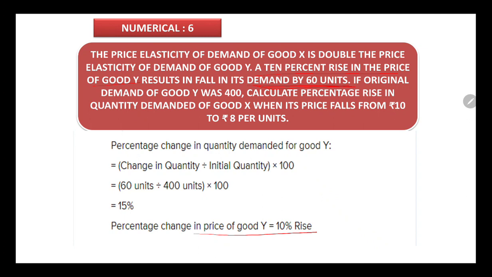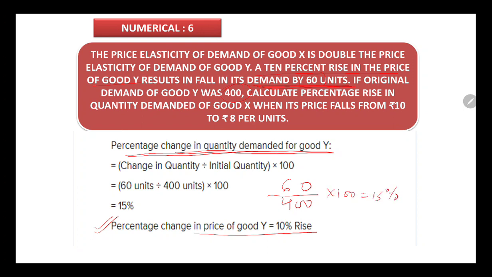We basically have to calculate the percentage change in the quantity demanded for Y, and for that values are given to us. Over here it's 60 units, and it is saying that the original demand for good Y was 400, so demand falls by 60 units divided by 400, the original demand, into 100. So what do we get? We get 15%.